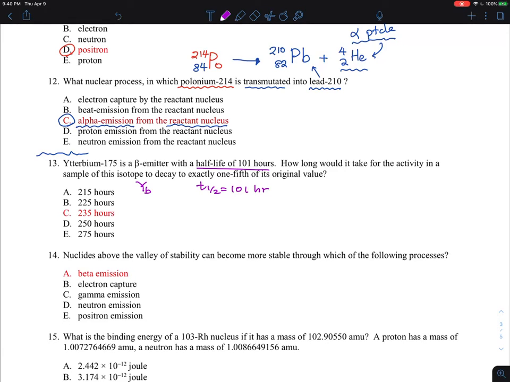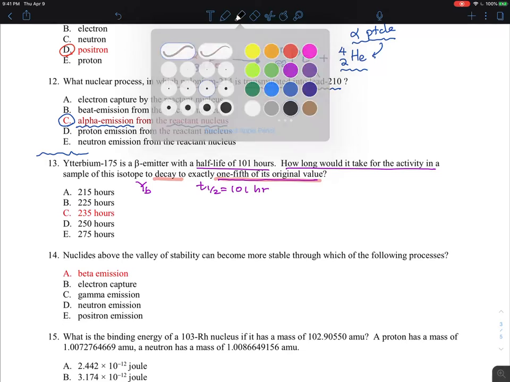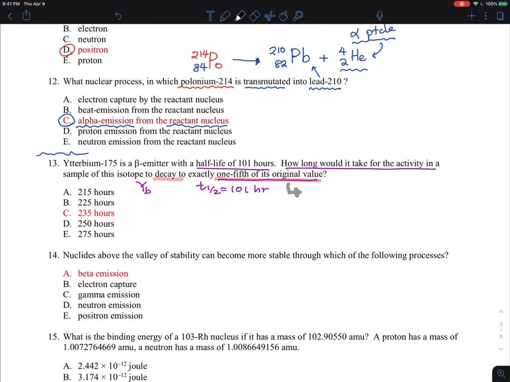Then, how long would it take for the activity of a sample isotope to decay to 1/5 of its original value? So the question is about 1/5 of the original value. What it means is that they want to know when concentration A becomes 1/5 of the original concentration.